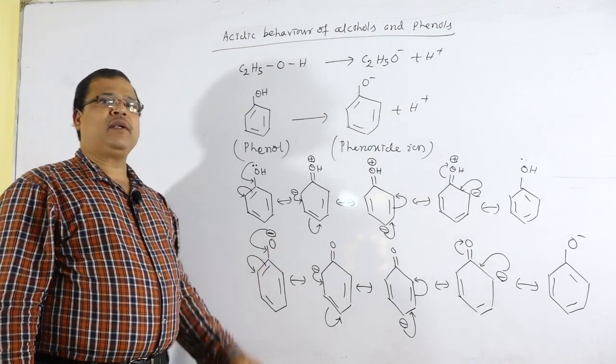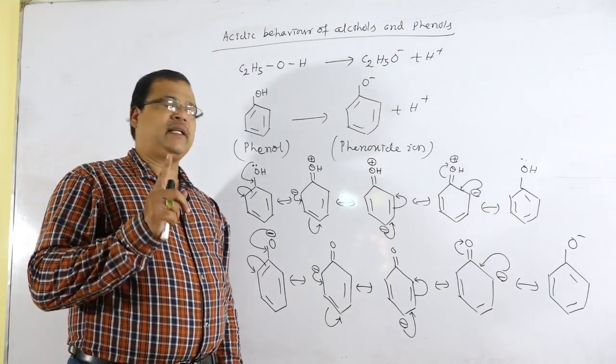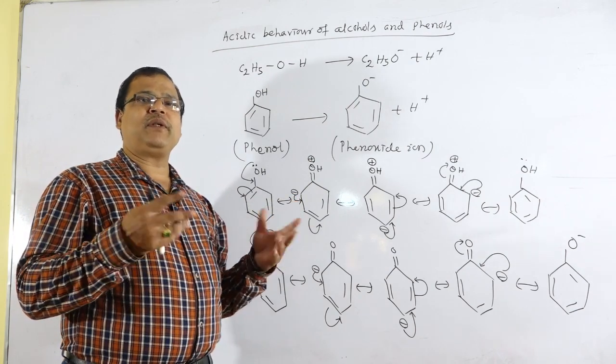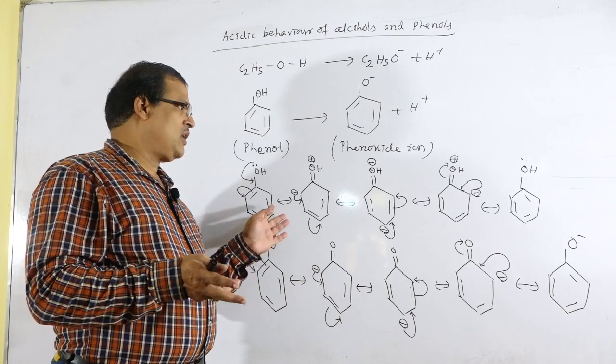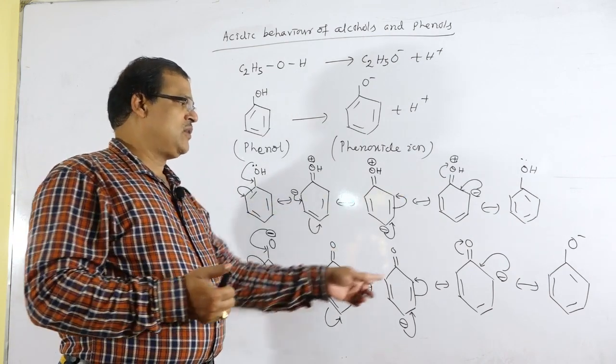Regarding the stability of resonating structures, we know that whenever there is charge separation, stability is less. More resonating structures mean more stable, but both of these have the same number, five resonating structures.